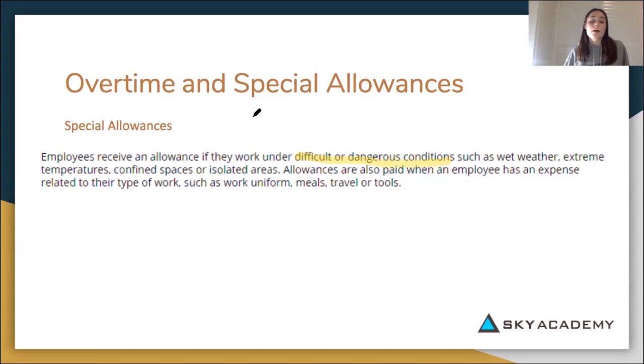Another special allowance is when the employee has an expense related to their type of work. For example, if you work at McDonald's, you might get an allowance to purchase your uniform. So they're the two special allowances. We don't have any examples to do on those.